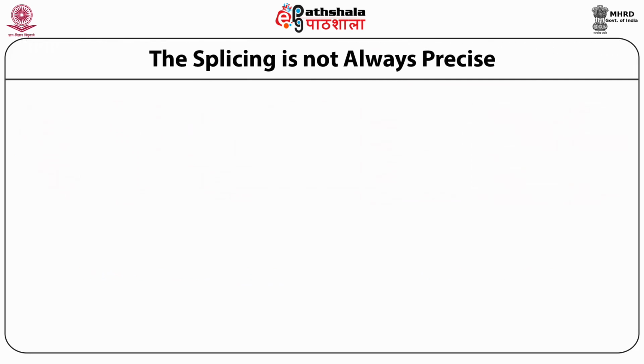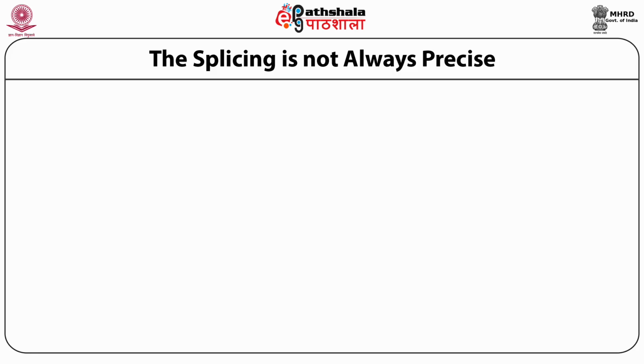It turned out that the splicing is not always precise. The analysis of amino acid sequence and the corresponding base sequence data indicated that the splicing between the chosen V segment and chosen J segment can be in different ways.